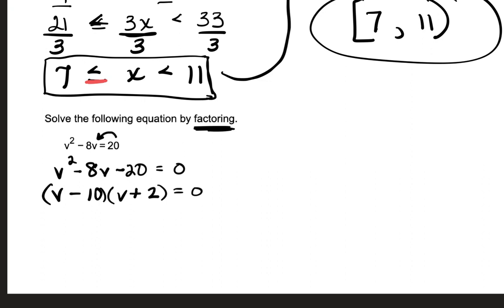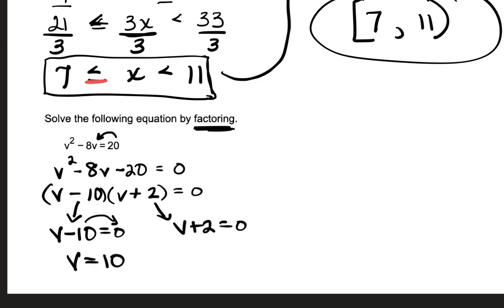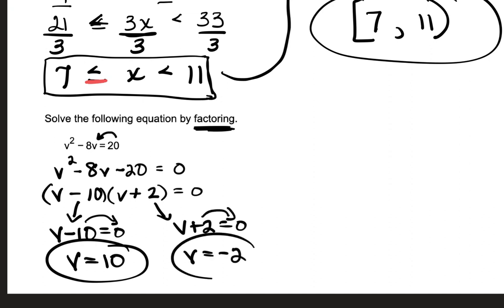Once you have it factored, just remember, take each factor, set it equal to 0, and solve. You'll get 2 answers. This one, add your 10 to the other side, v equals 10. And then this one, you'll subtract 2 to the other side, v equals negative 2. Makes sense? So we get 2 answers.